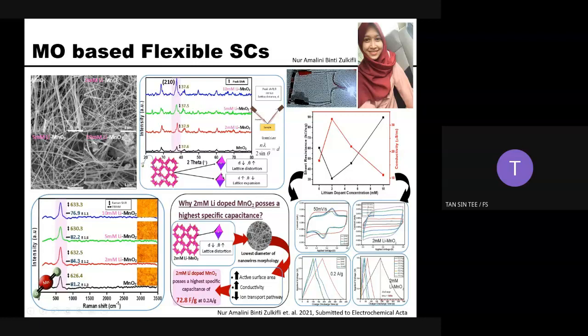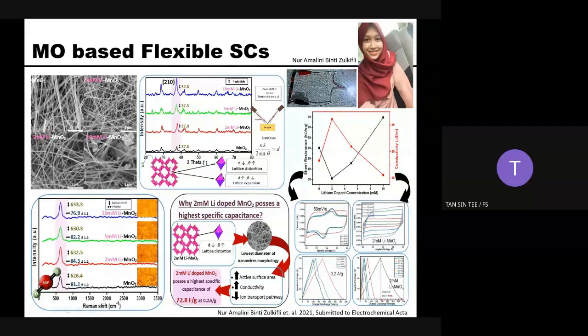So when the system is doped with 2 millimolar of lithium in MnO2, the XRD peak shifts to a higher value, which means there is lattice constraint causing lattice distortion in the system.